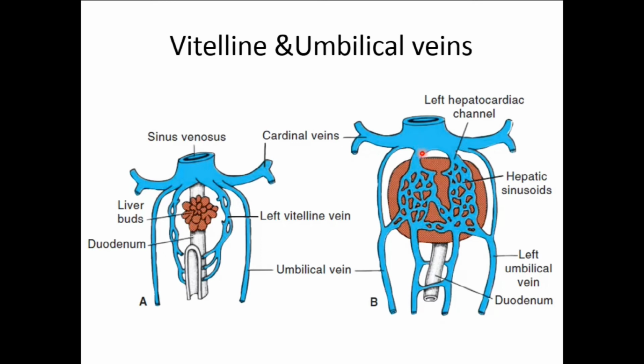Now, at the same time, the umbilical veins which are arising from the placenta, and they are bringing oxygenated blood, in this picture you can see that they are directly opening up in the sinus venosus. But again, when there is enlargement of the liver, what will happen?